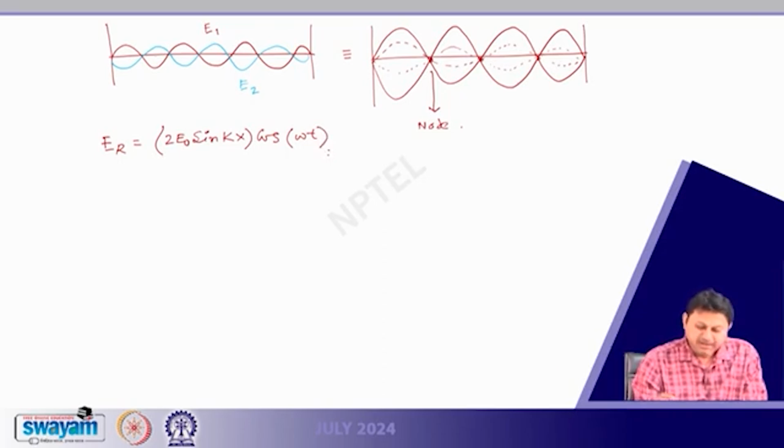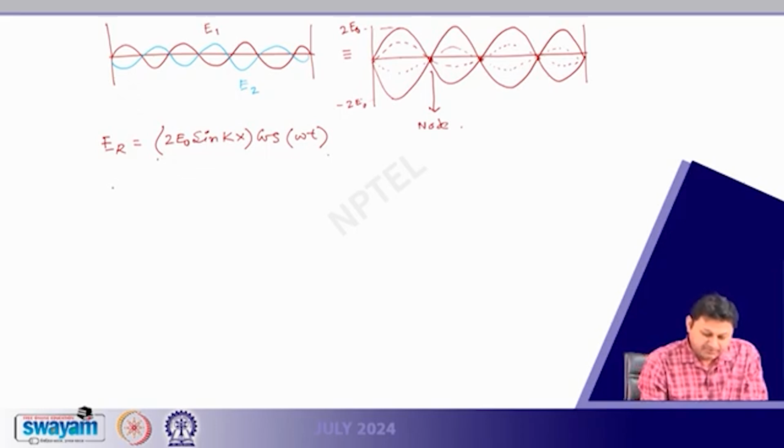So as I mentioned, at a fixed place, for example here, at some point x equal to x0, the amplitude of the wave will change with the form 2E0 multiplied by cos of omega t. So over the time this value will vibrate between the two values 2E0 and minus 2E0.